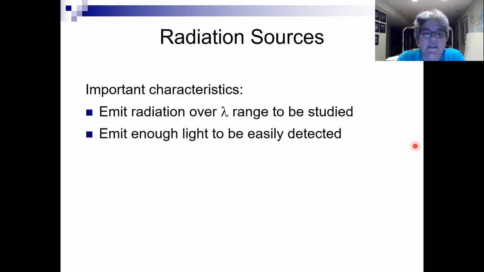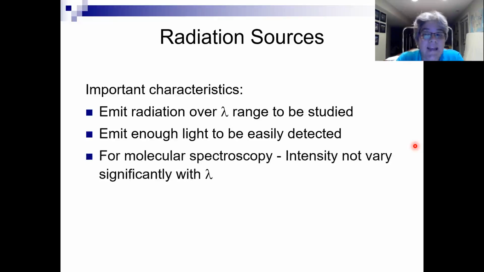I want my source to give me enough light that I can easily detect it. You know, if the power is very, very small, that's not a good source. If I'm doing molecular spectroscopy, I want the intensity to always be the same for every wavelength. Now, we'll see we're not going to get that, but that's what I'd like to have.